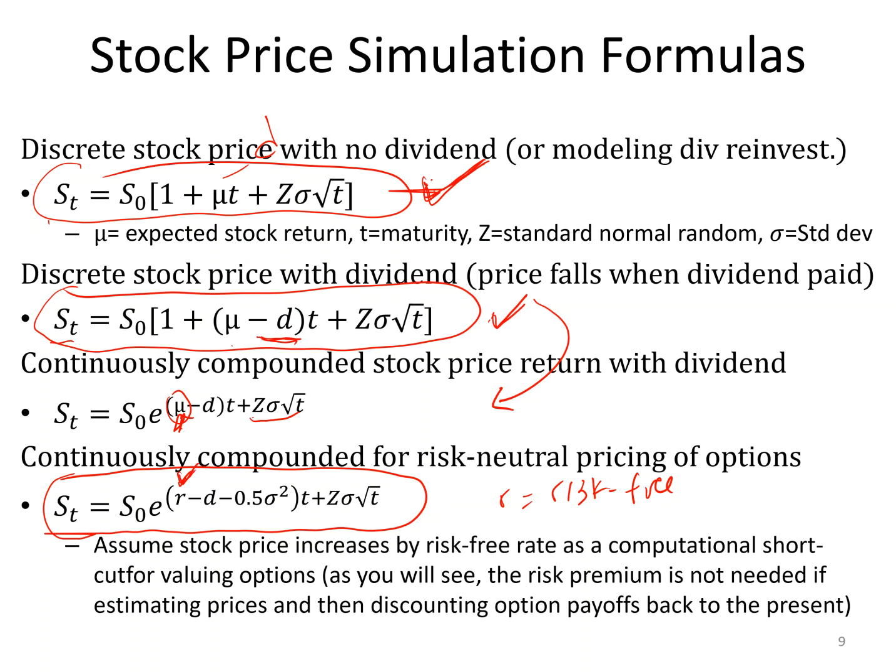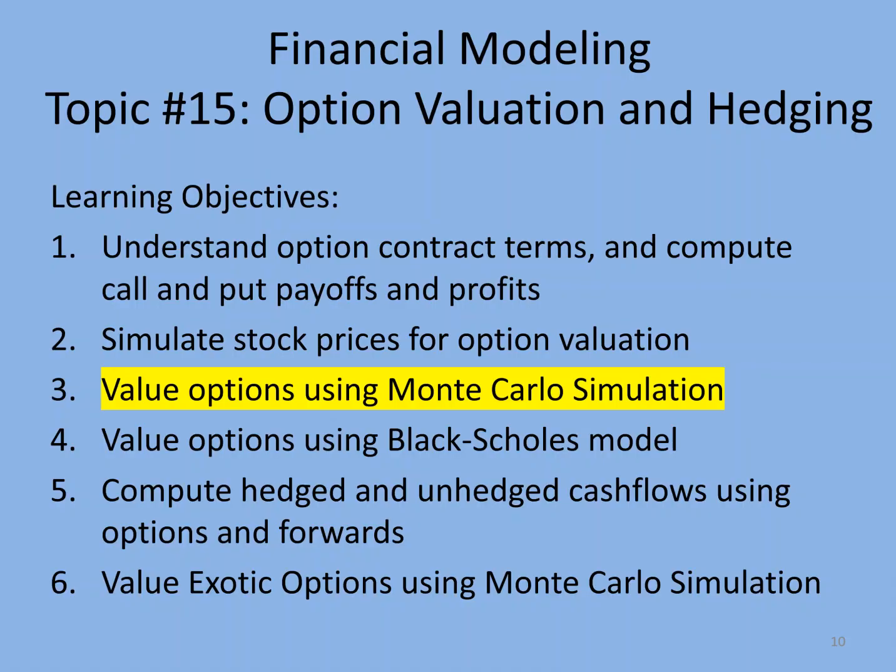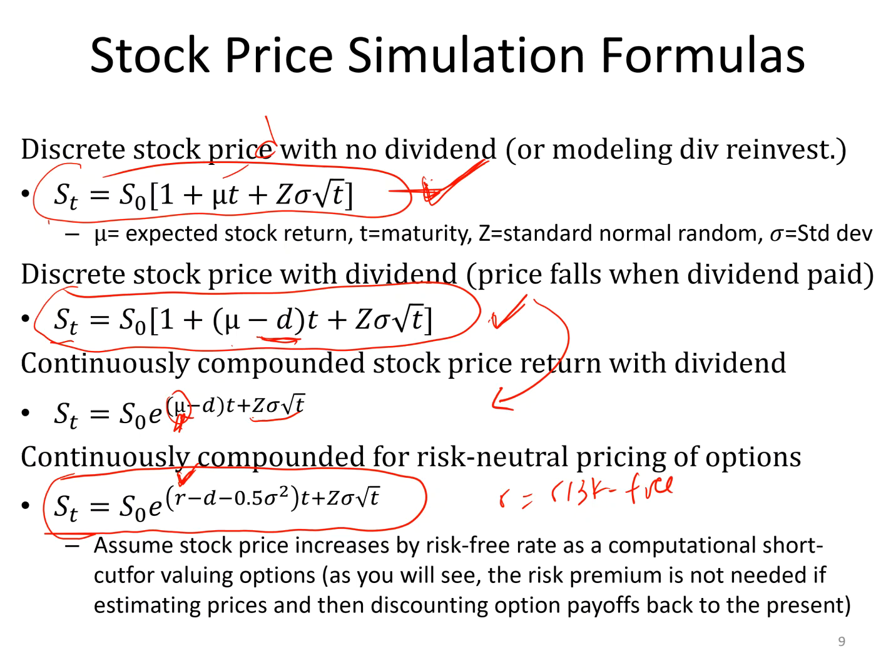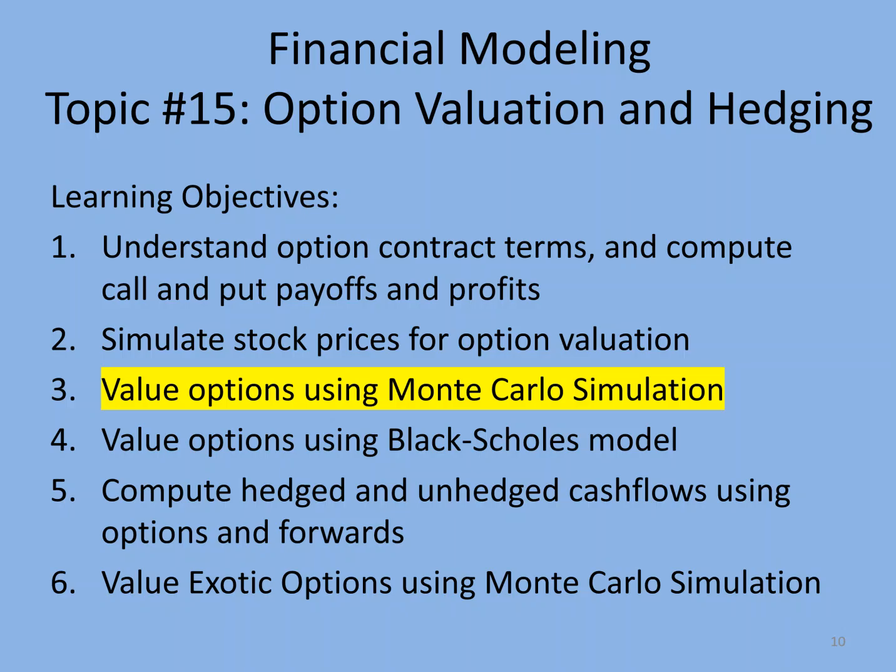I'm simply assuming stock prices go up by the risk-free rate as a computational shortcut for valuing options. I don't really think that stock prices will go up by the risk-free rate. That's the model. This formula is the one we're going to use to model my 10,000 possible stock prices. Then I'll use a Monte Carlo simulation to calculate the average payoff. That'll be the next topic.